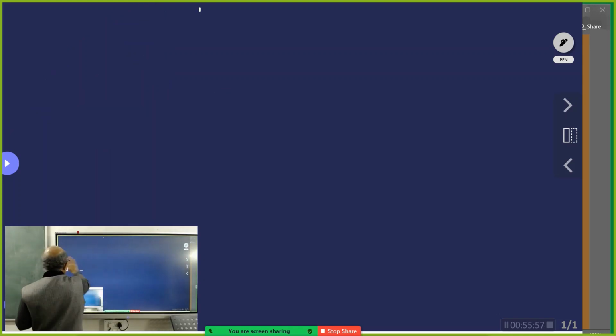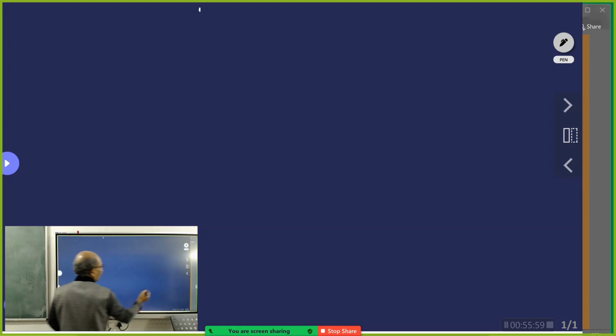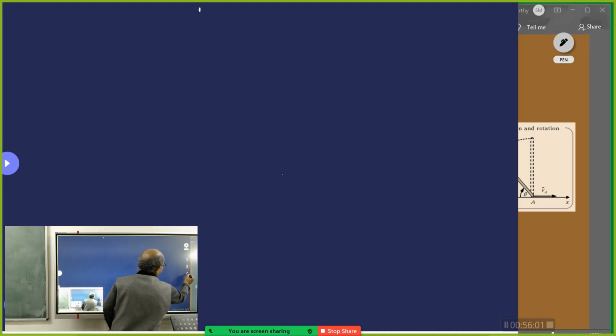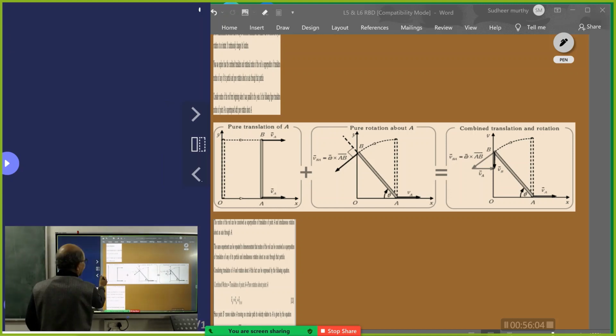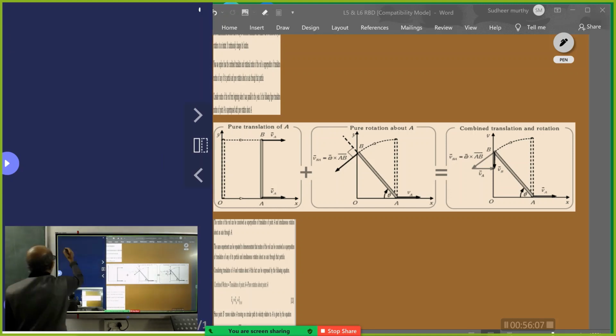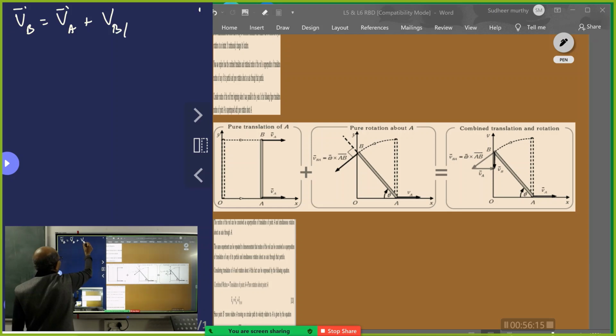So for that rod, I will write the equation like this: VB bar is equal to VA bar plus VB with respect to A bar. Will you appreciate that, all of you?